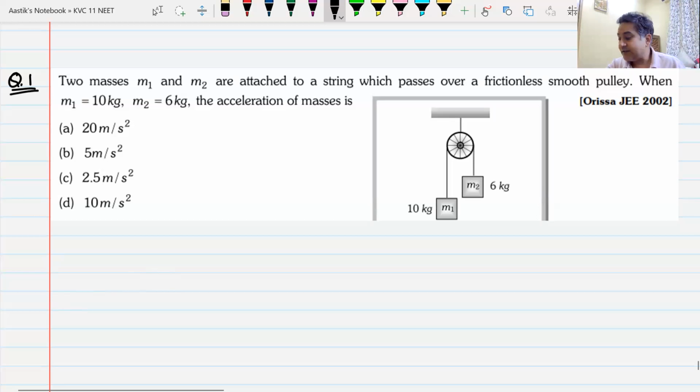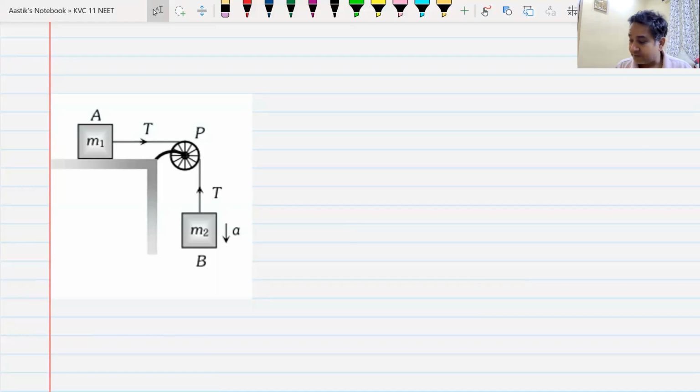The case could be like this, where one block is hanging and one block is kept on the floor. M2 block is hanging and M1 block is kept on the floor.